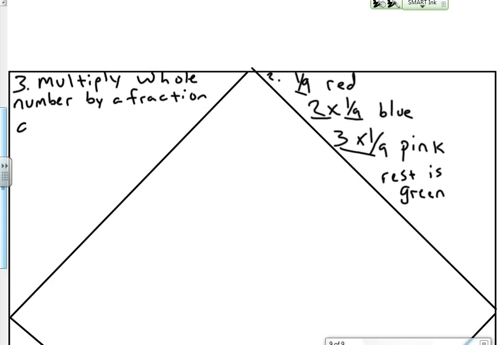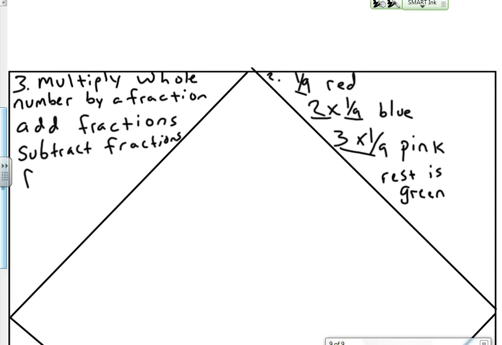We plan to add fractions and subtract fractions from a whole.